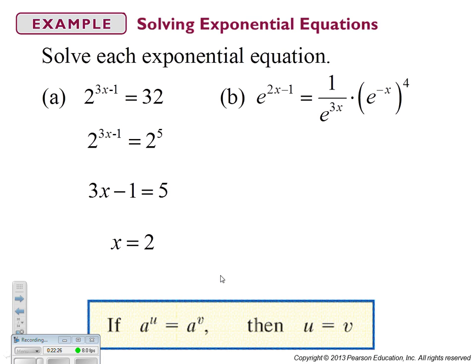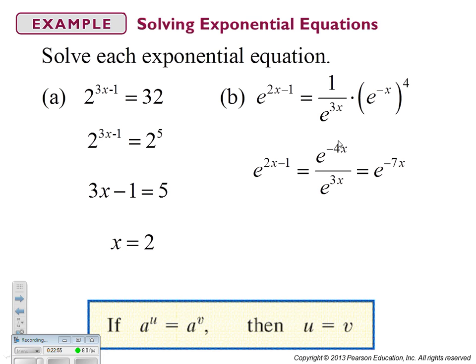If I have e to the 2x minus 1 equals 1 over e to the 3x times e to the negative x to the 4th power. Goodness gracious, let's simplify that out a little bit. So if I multiply my exponents together, negative x times 4 is negative 4x over 3x.